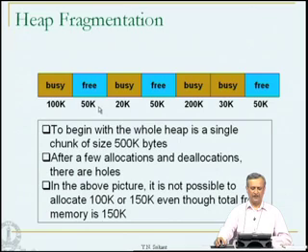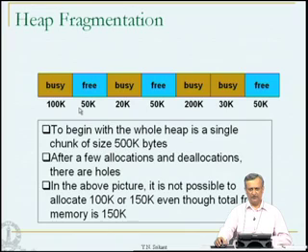Then somewhere in the middle of these allocations, we also freed this particular chunk of 50k, and then another 50k, and finally one more 50k. It is just a coincidence that these are all equal in size; they could even have been 200k or 20k nodes.